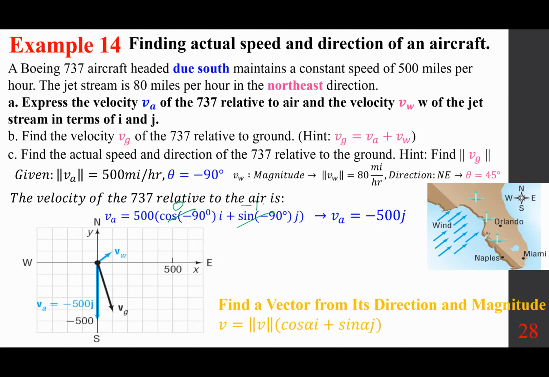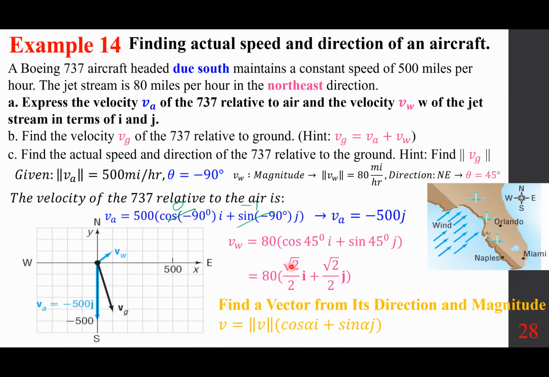We write the same thing for the wind: 80 times cosine of 45 degrees I plus sine 45 degrees J. And as you know, both of them are square root of 2 over 2. When you divide 80 by 2, you get 40.